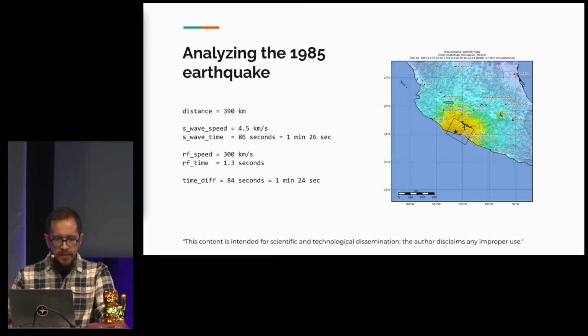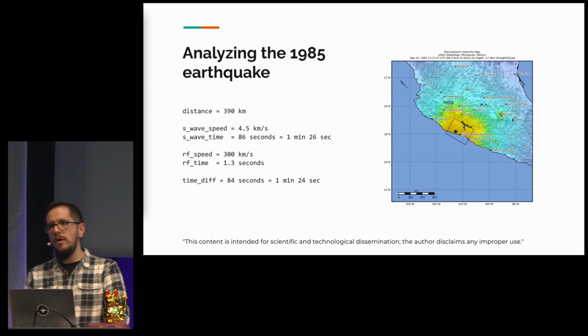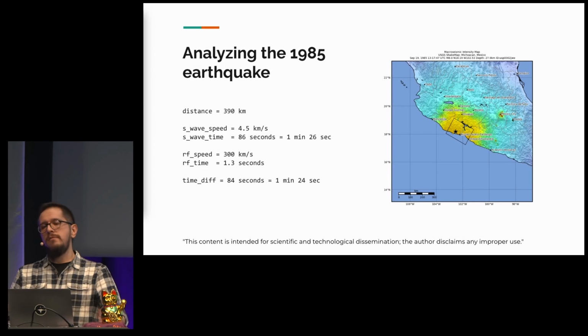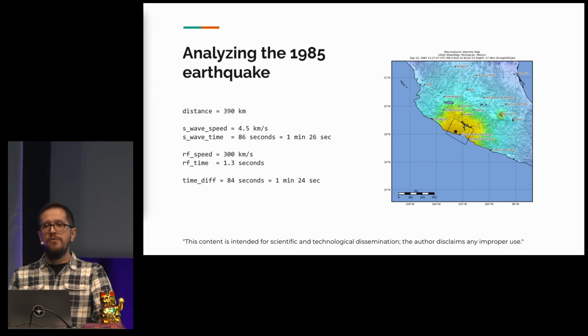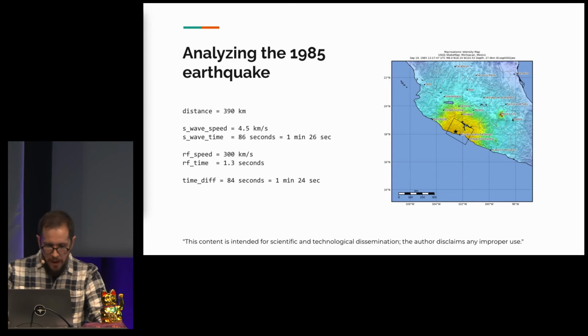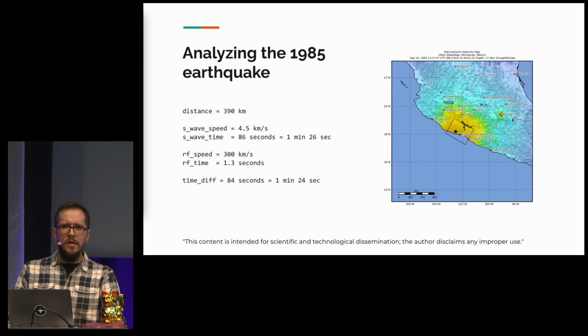But analyzing the 1985 earthquake, the earthquakes come from the coast, which is almost 400 kilometers away from the city. The S waves, the seismic waves, travel at 4.5 kilometers per second. They take 1.5 minutes to reach Mexico City.